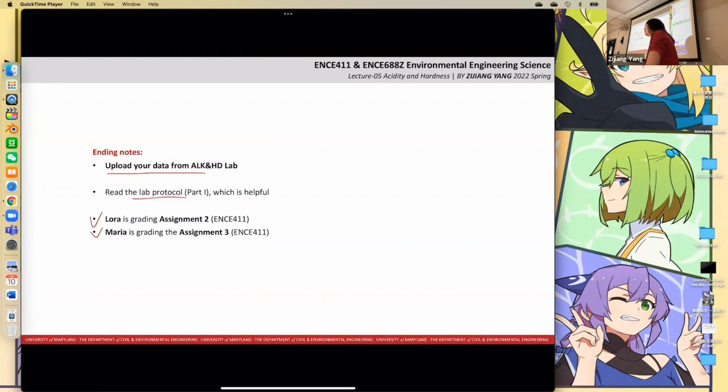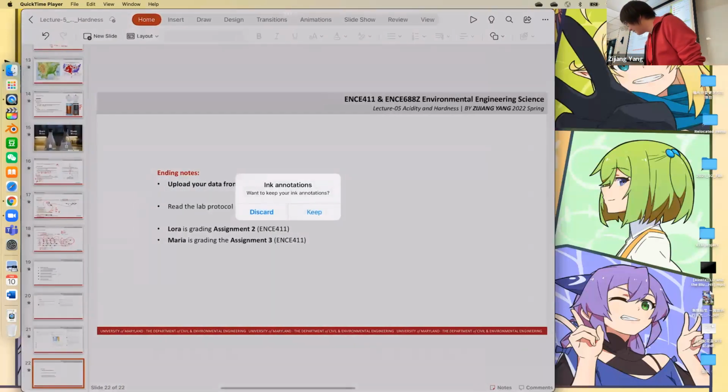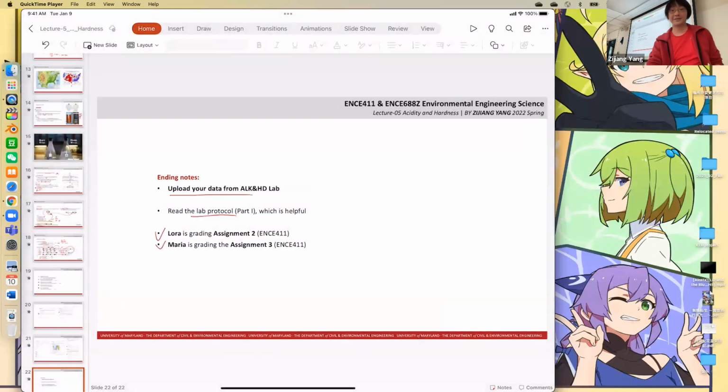You mean in the Google Doc? Yes. I will discuss with Maria to see if we can create a Google Sheet instead of a Google Doc. Okay, then each group can have a tab and we can enter our data in it. Yeah, I will see this. Okay, thank you.